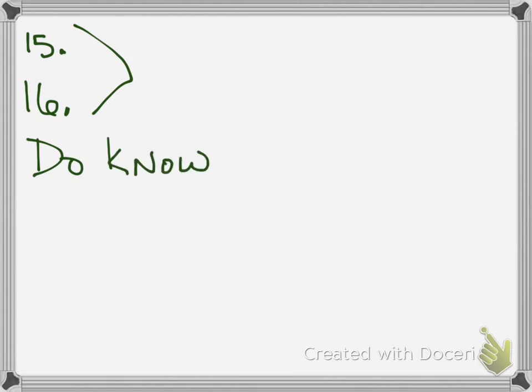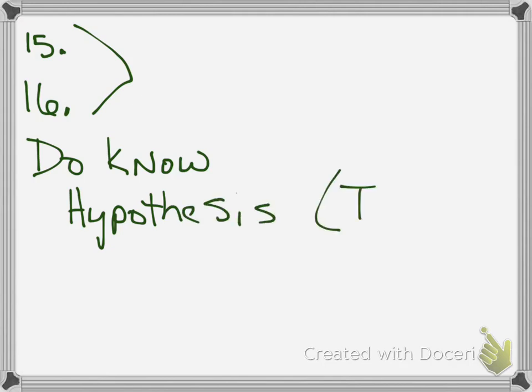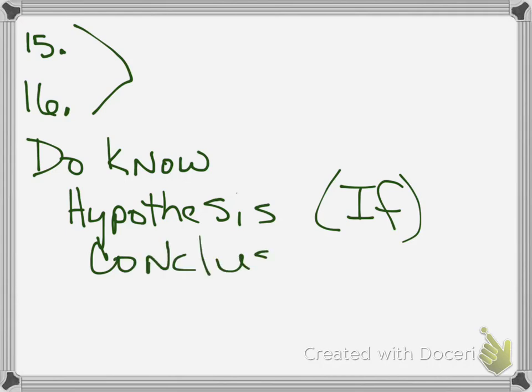Okay, I re-looked at the semester exam, and I would tell you 15 and 16 are not going to be on the test, but I would make sure you do know how to identify hypothesis and conclusion. That should be fairly easy. Remember, the hypothesis is the one in front of the if, and conclusion is after the then.